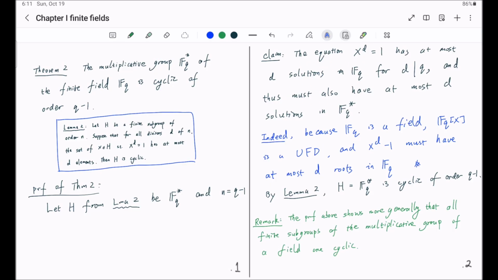This claim is still true if F_q is an infinite field. As long as our group H is finite, this argument still runs through. And we still get, for any little x in H, that x to the d equal to 1 has at most d solutions in H. So this lemma still applies. And therefore, all finite subgroups of the multiplicative group of a field are cyclic.